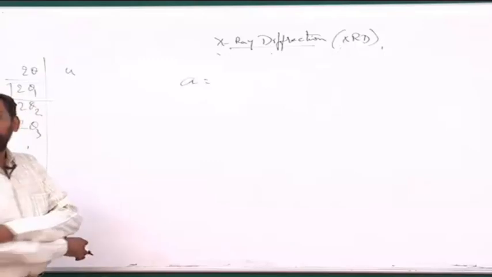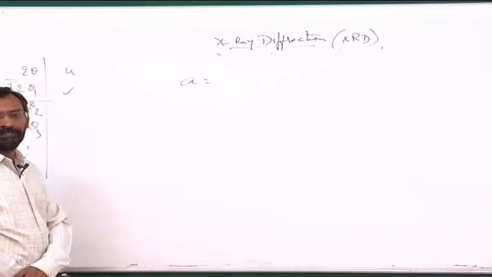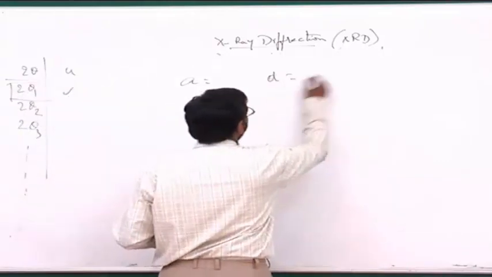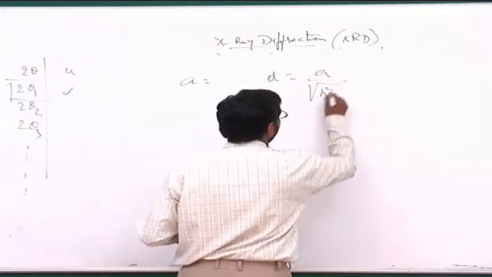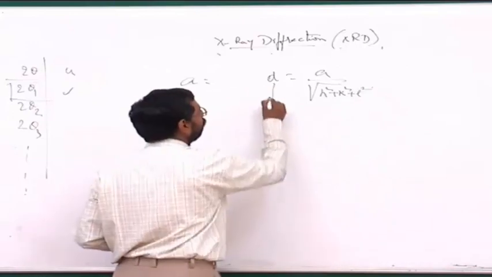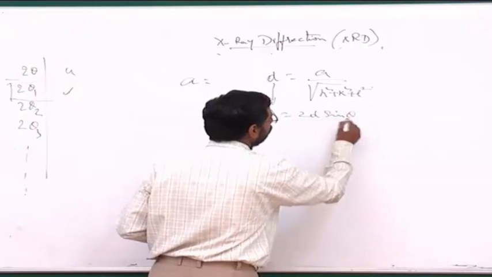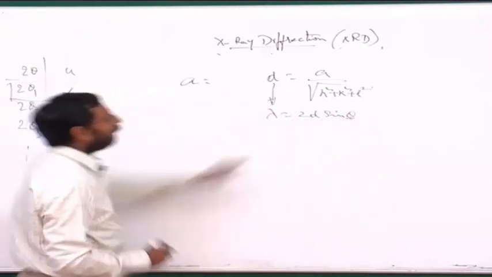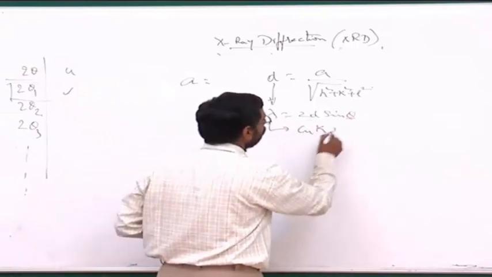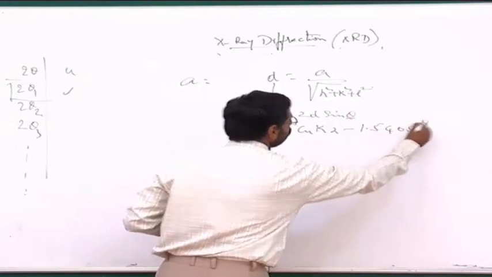And we said we can calculate this a by simply taking the first peak and using the formula d equal to a by square root of h square plus k square plus l square. And I can find out the d from lambda equal to 2d sine theta. So knowing the theta for the first peak, I can calculate the d because I know which lambda I am using. For example, if I am using copper K alpha, I know it is 1.54 angstroms.